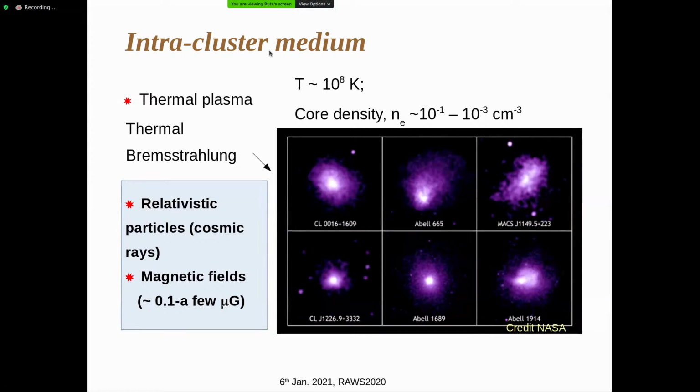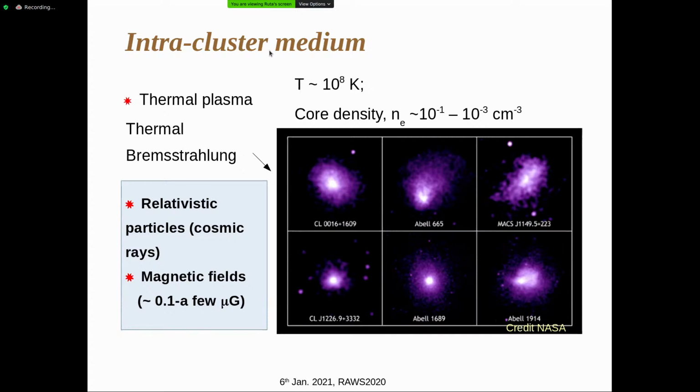And this is mainly a thermal plasma. Now, thermal means basically that the emission mechanism involves phenomena which depend on the interaction between two particles. Here the particles that are interacting are charged particles: electrons and protons, and mainly electrons.